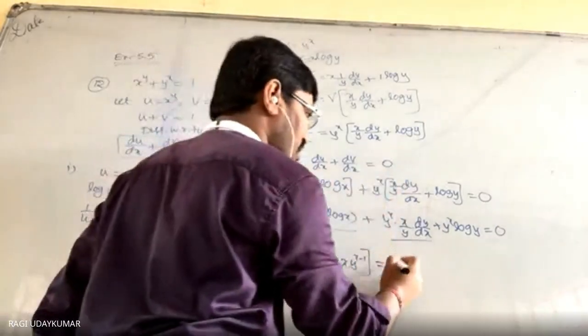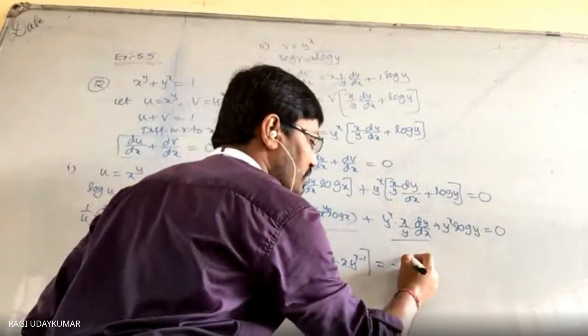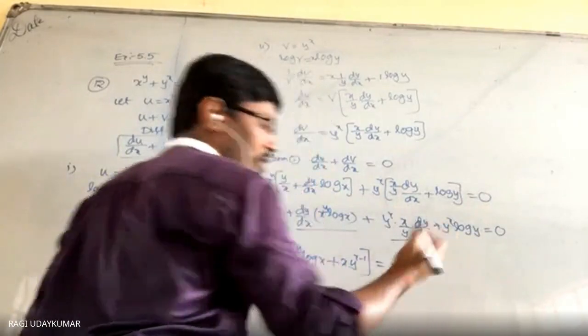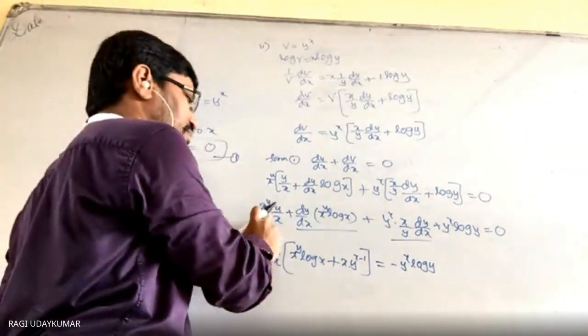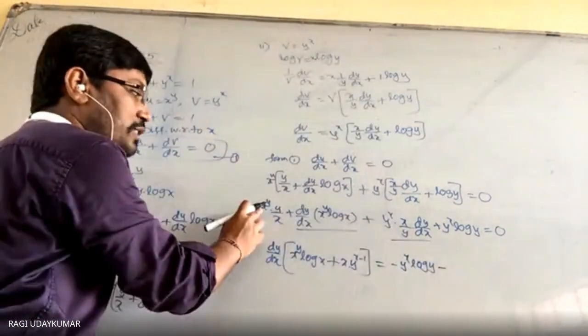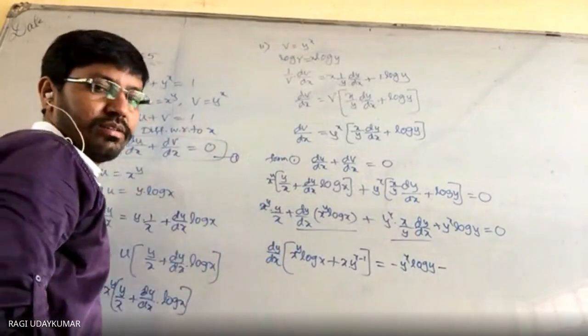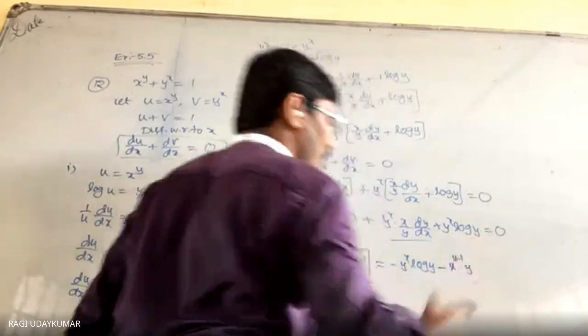The remaining two terms I am sending to the right side. So minus y power x log y, and minus x power y by x can be written as x power y minus 1 into y.